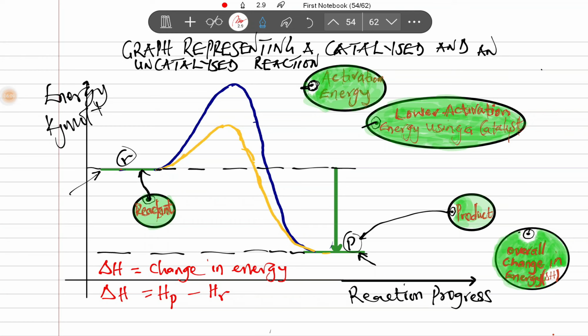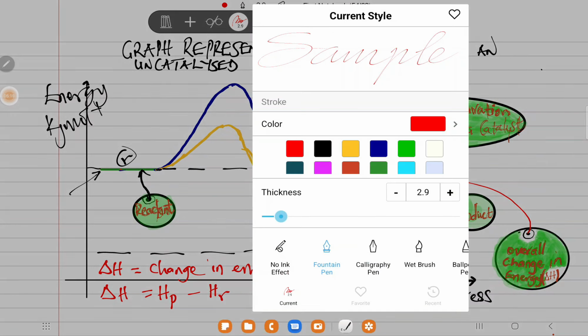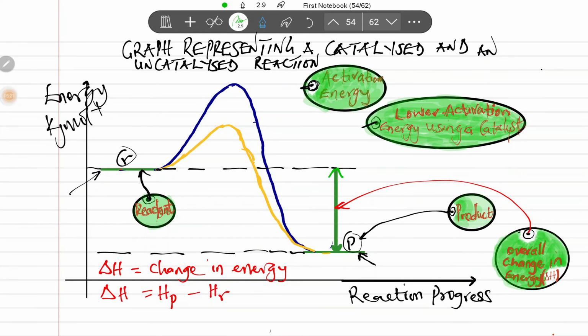This is what I call the overall energy, represented by this vertical line, and is denoted as delta H. It can also be done at the other side here. Delta H can also be calculated on both sides.